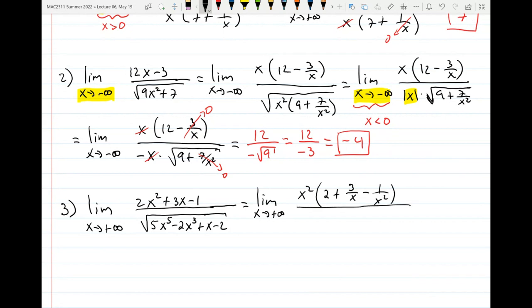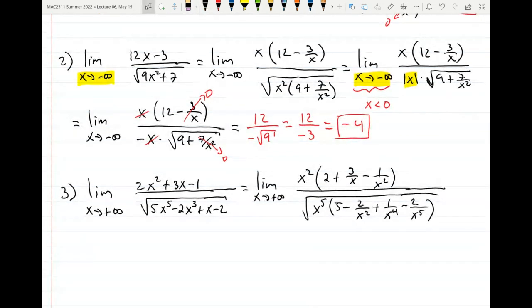And then here we're going to have the square root of x to the 5, then times 5 minus 2 over x squared plus 1 over x to the 4 minus 2 over x to the 5.